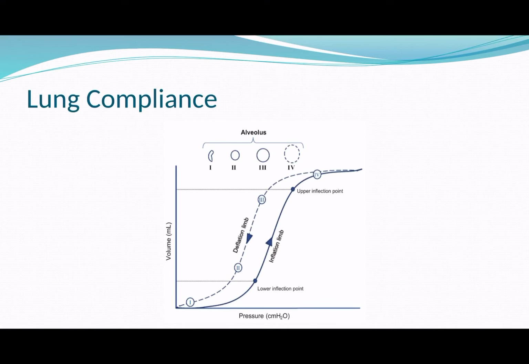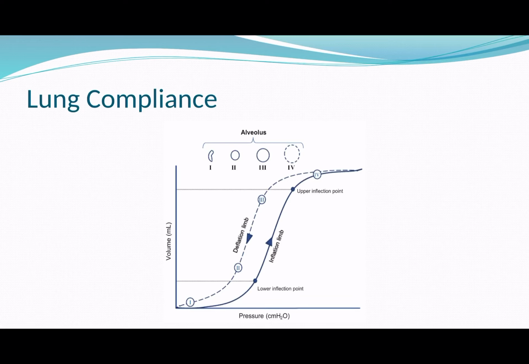And then you get to that upward sloping point, from the lower inflection point to the upper inflection point. And you can see here that even just a small change in the pressure actually gives you a big change in volume. And this is the part of the curve that we want to be on, where we maximize the efficiency of the lungs, expanding and therefore making it easier for the patient to breathe.